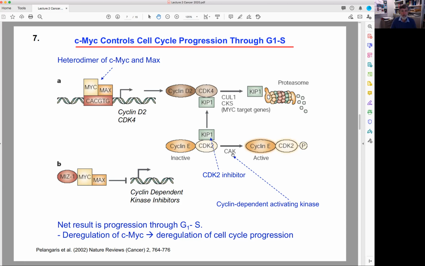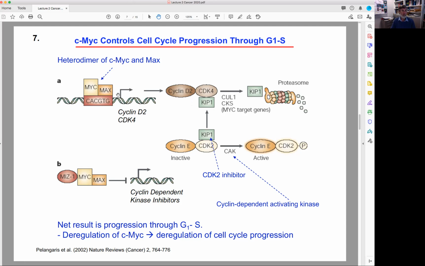I'm not a great lover of acronyms, so I like to know the full name, so I'll give it to you. It's a cyclin-dependent activating kinase that phosphorylates the CDK2, giving rise to the active complex required to get the cells to progress through this G1S phase of the cell cycle.